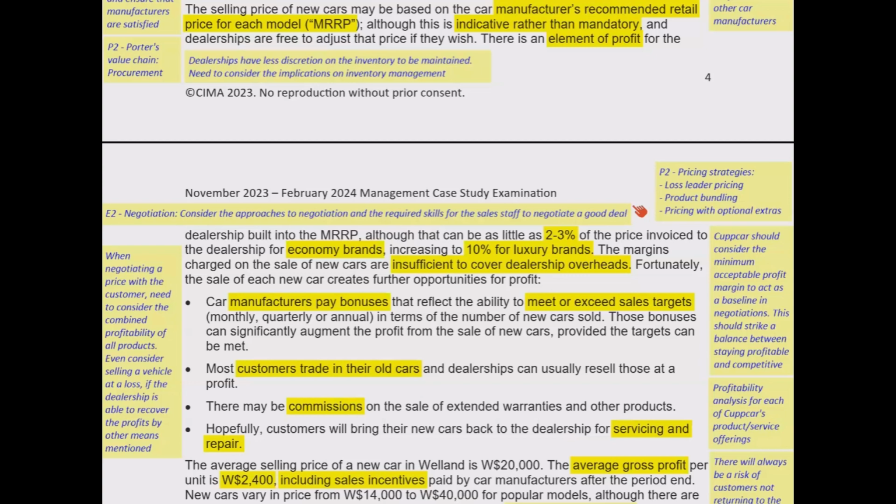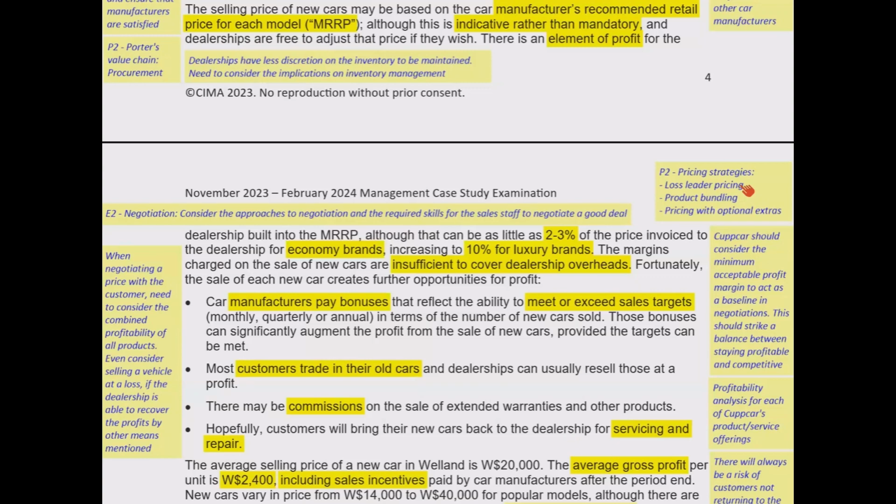It might be, just a little thought, that knowing that when a new car is bought from a dealership, that's a new customer who then will bring the car back for servicing, repairs, maintenance, perhaps some body work. Perhaps the customer will come back in 2 years' time to buy another car from Cuppcar and part exchange this one that they've bought.